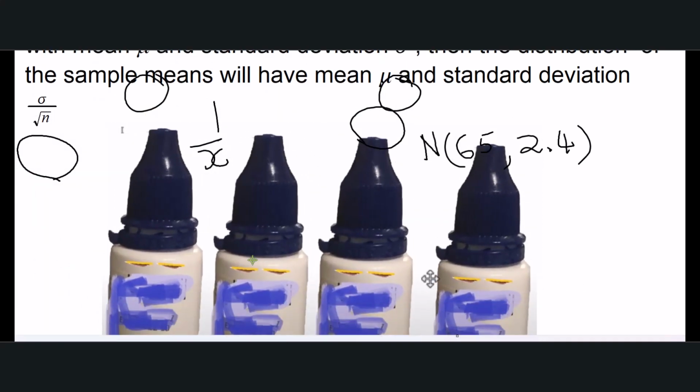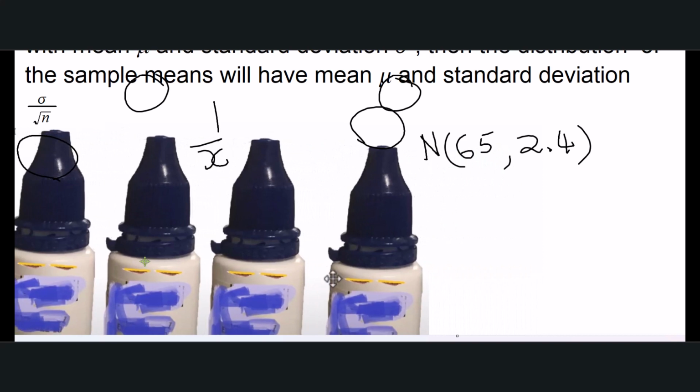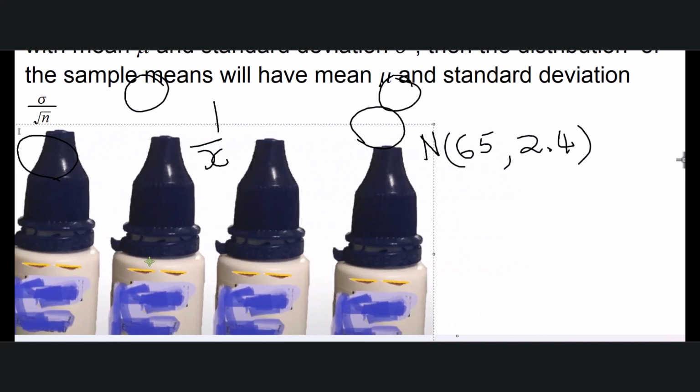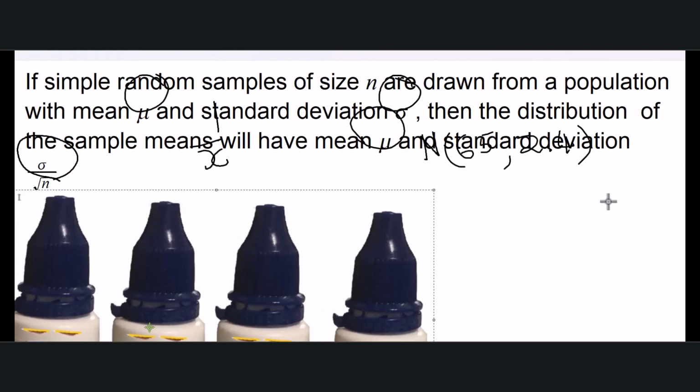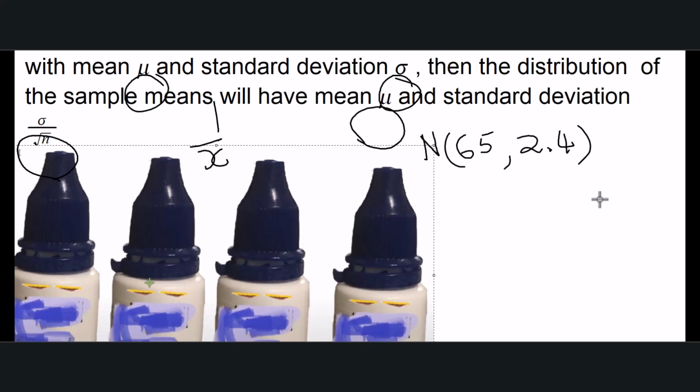So if you look at the total of the 4 bottles, or in other words the averages for that, then it would be unlikely, less than 10%, that the average will be less than 62 drops.